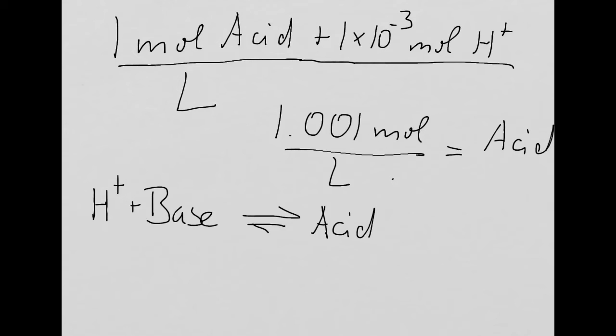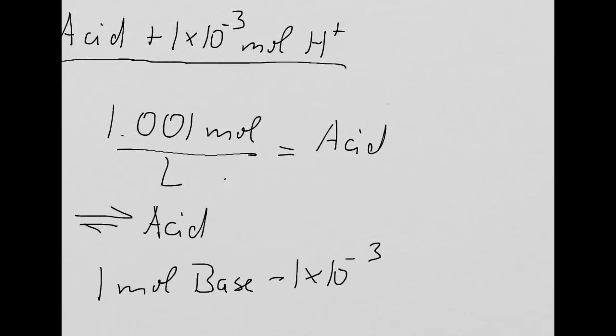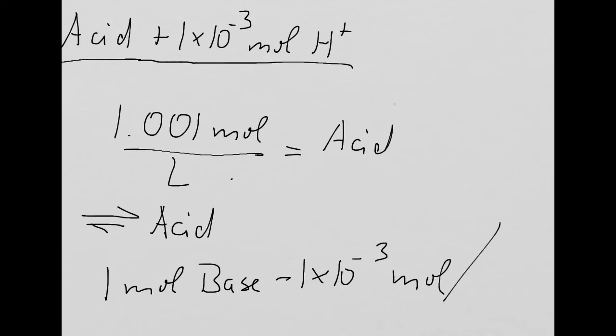For the base, we have 1 mole base minus 1 times 10 to the minus 3 mole, and the whole thing per liter. So we add a little bit to the acid and we take a little bit away from the base.